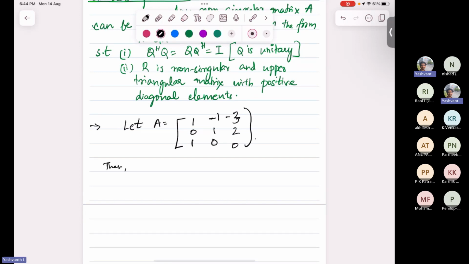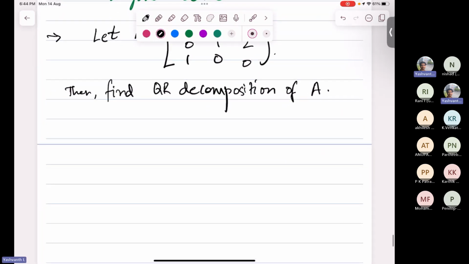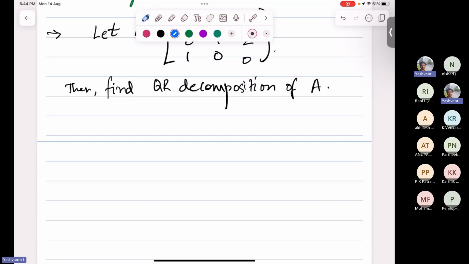Then find the QR decomposition of A. So to that end, the solution is as follows.